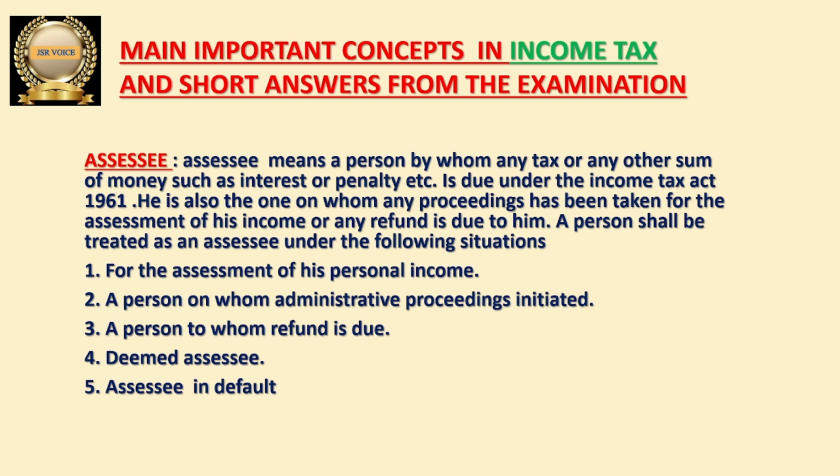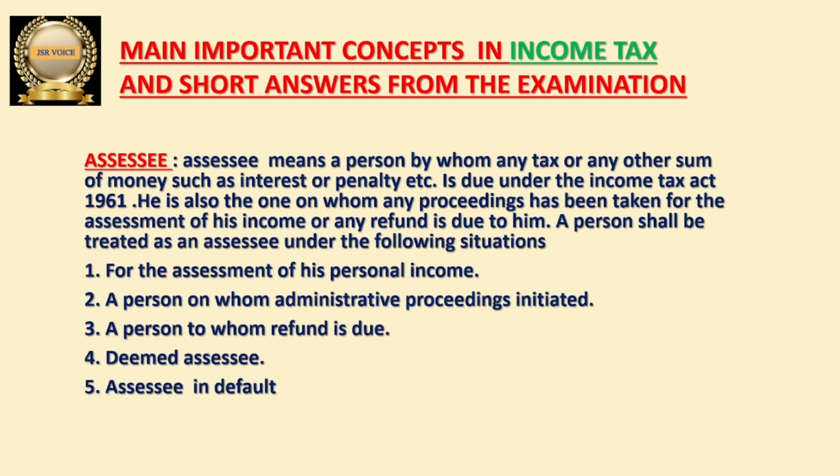So here assessee means if any person is liable to pay tax to the income tax department, then we can call him an assessee. And if any interest or penalty is due to the income tax department by any person, we can call that person an assessee. And if the income tax department is taking any proceedings against him for the assessment of that person's income, then also we can call that person an assessee.